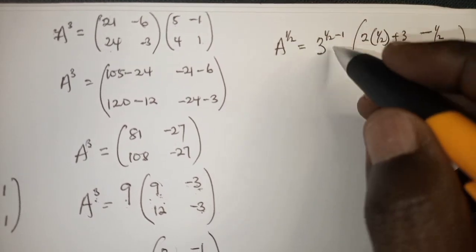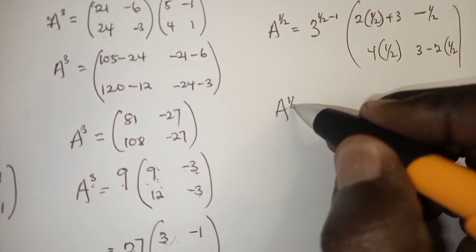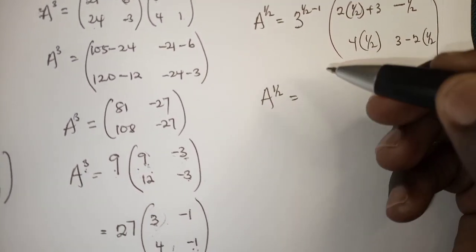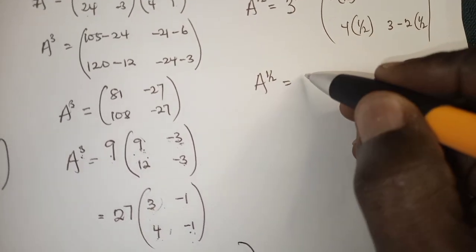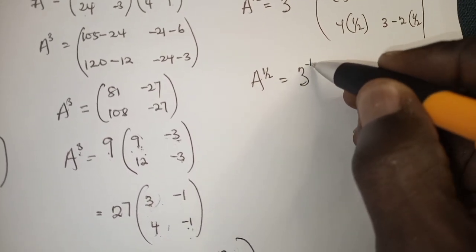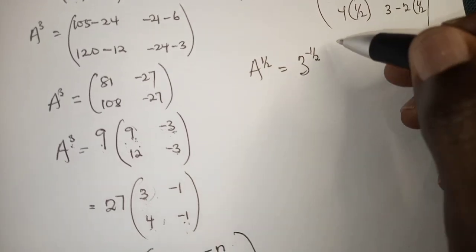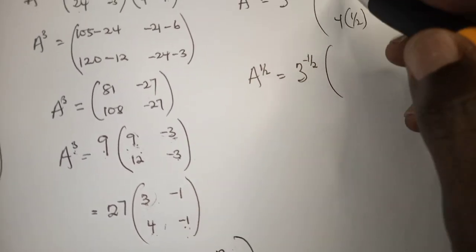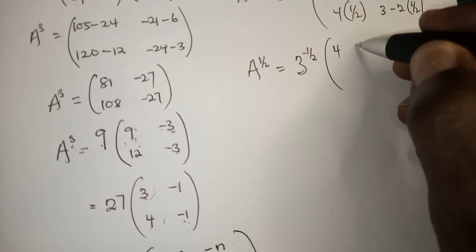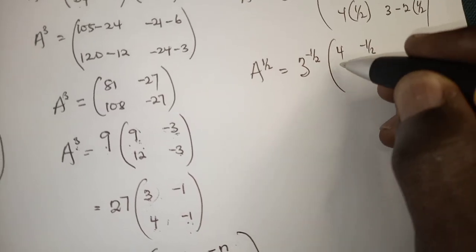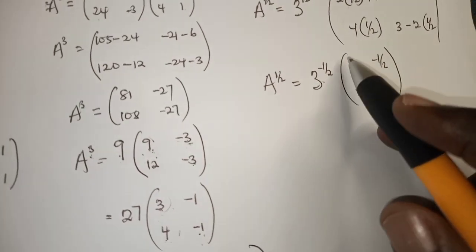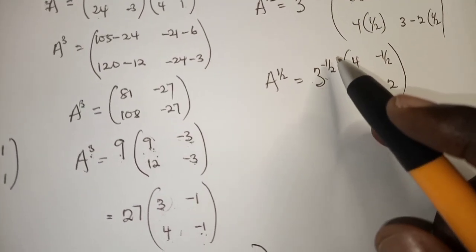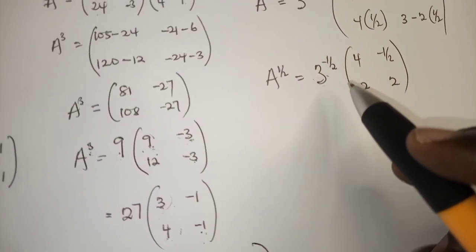So when you simplify this, you have A exponent half equals 3 exponent negative half, bracket open 4, negative half, 2 and 2. When you rewrite this, it will be the same thing as 1 on root 3.